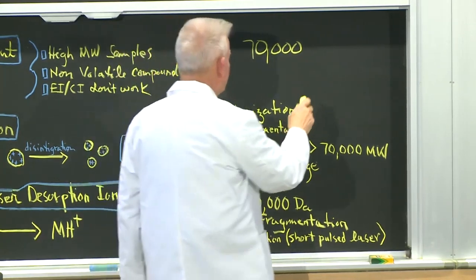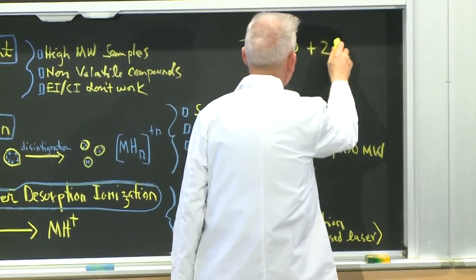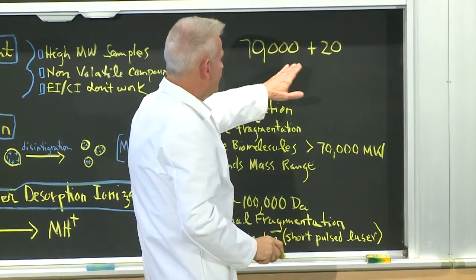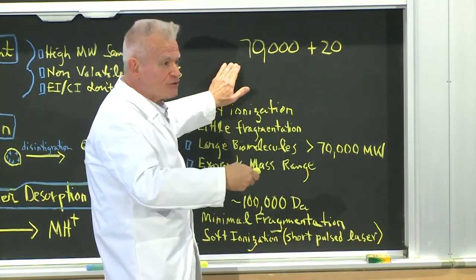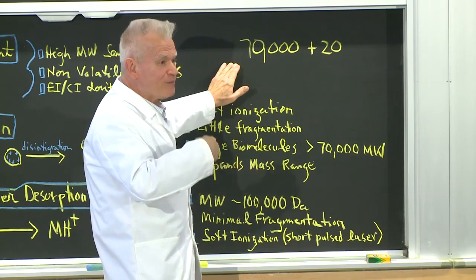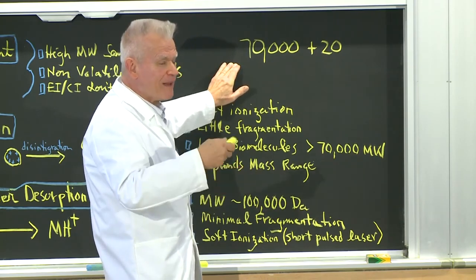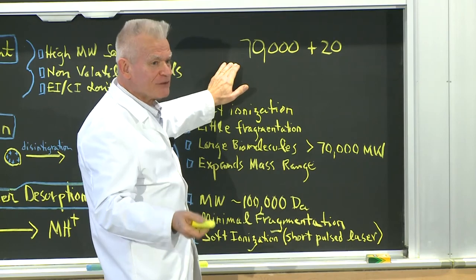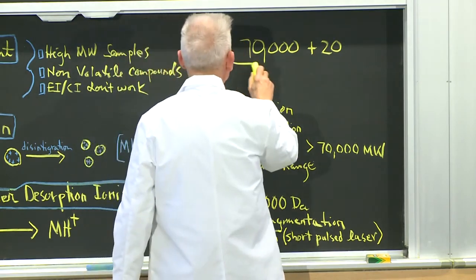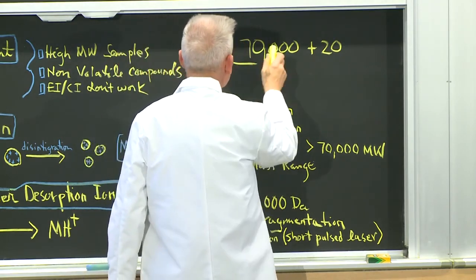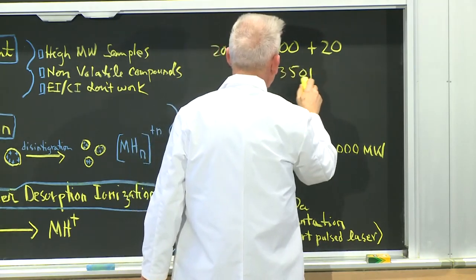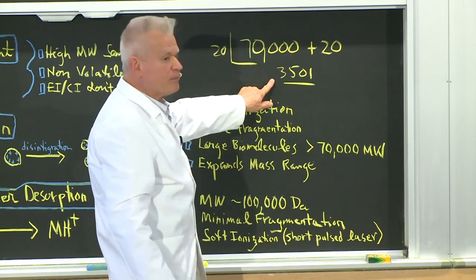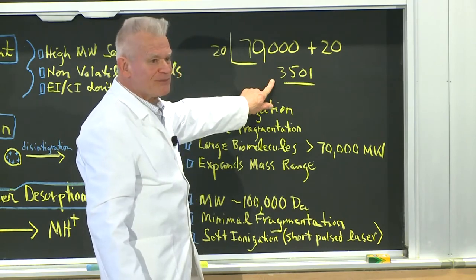You're going to have to divide now by the charge to get where this molecule is going to show up, because it's mass to charge ratio. And if the charge is 20, if you divide this out, you're going to get something around 3,501. That's where the peak's going to show up in your spectrum.